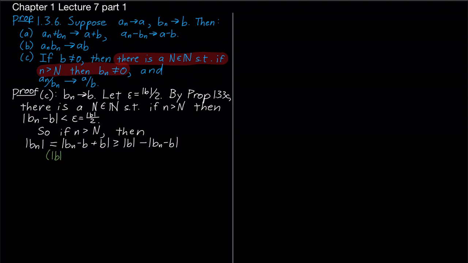The absolute value of B is less than or equal to the absolute value of Bn minus B plus the absolute value of Bn.